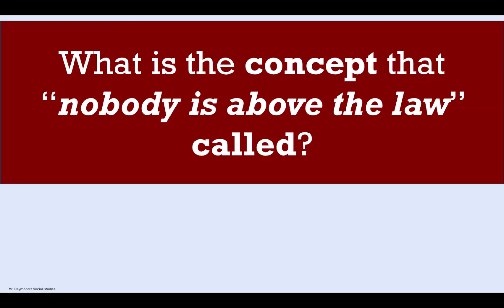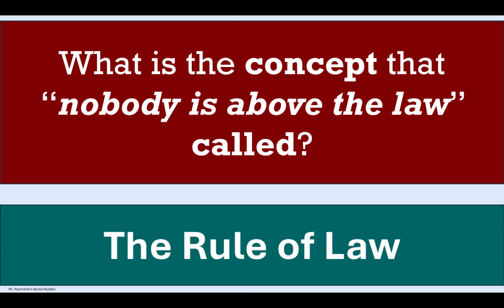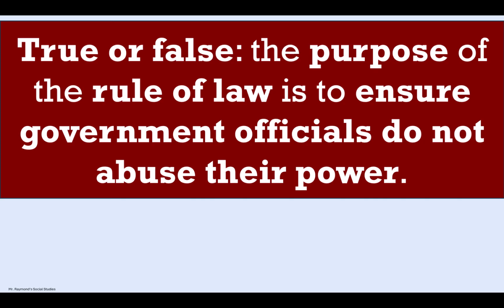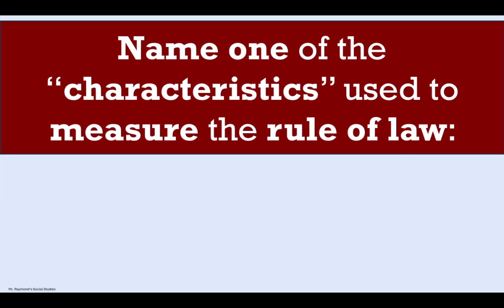What is the concept that nobody is above the law called? Well, it's the title of this video: the rule of law. That was your easy one. True or false, the purpose of the rule of law is to ensure government officials do not abuse their power. True. Name one of the characteristics used to measure the rule of law. Now, we mentioned five, and hopefully you took some notes.